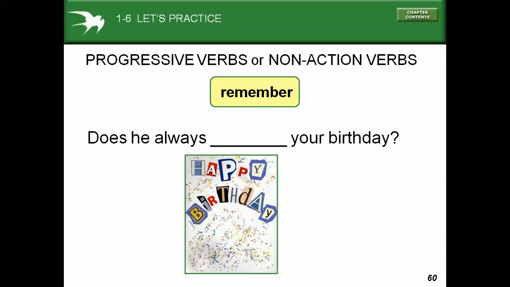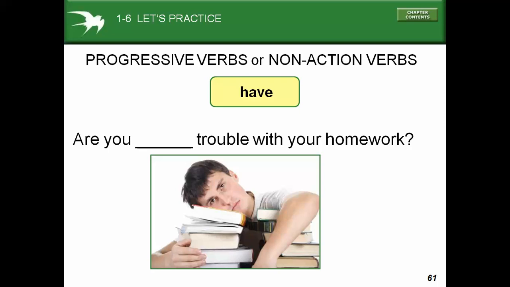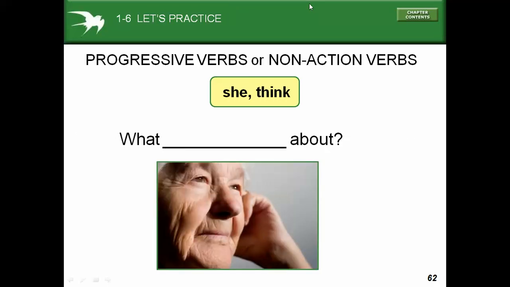Remember, does he always remember your birthday? Remember your birthday. Use have. Are you having trouble with your homework? This does not mean own. She think. Complete the sentence. What is she thinking about?